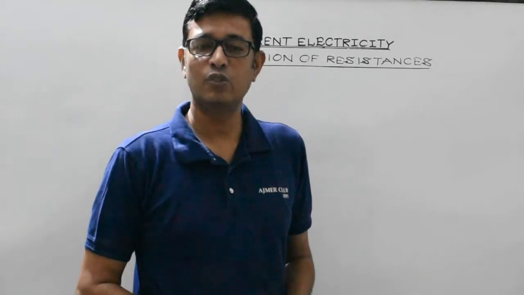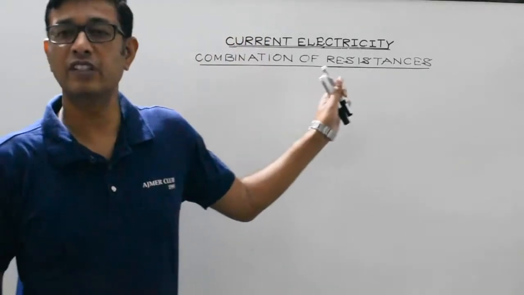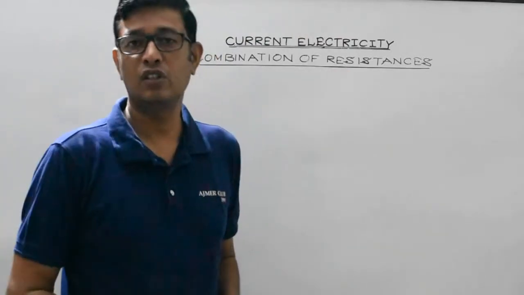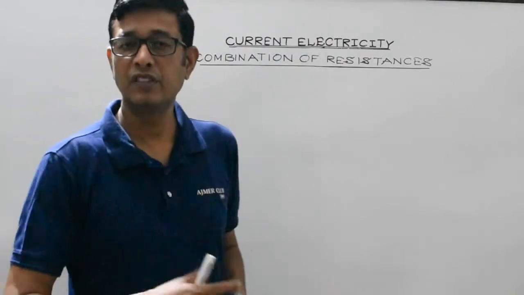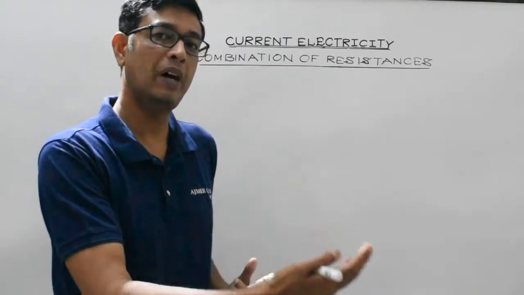So today, in today's session, we will discuss the combination of resistances. Now students, you are aware the resistors offering some sort of resistance in any given circuit can be combined either in series or in parallel.